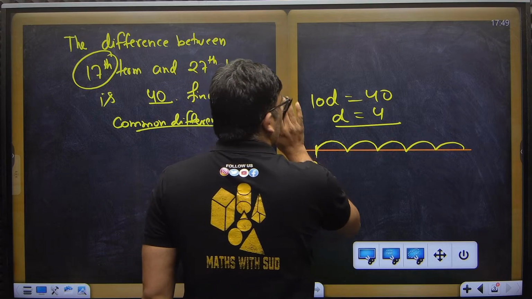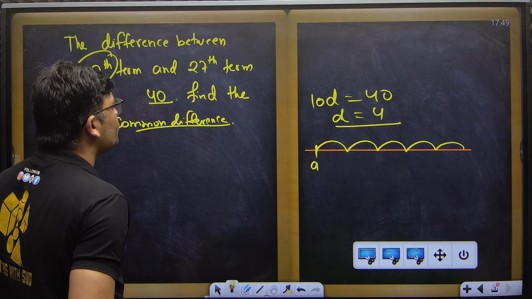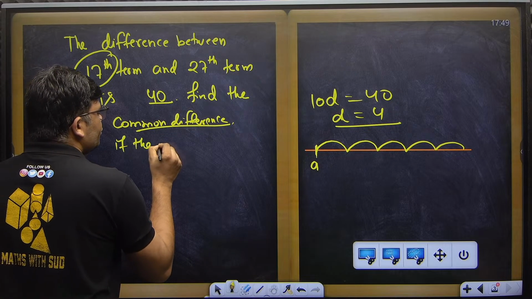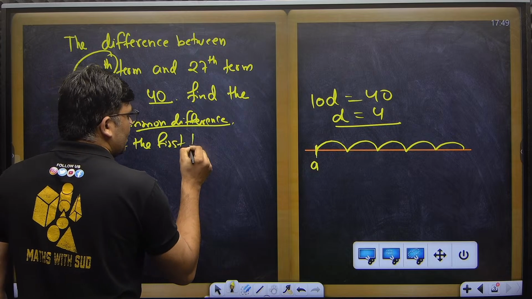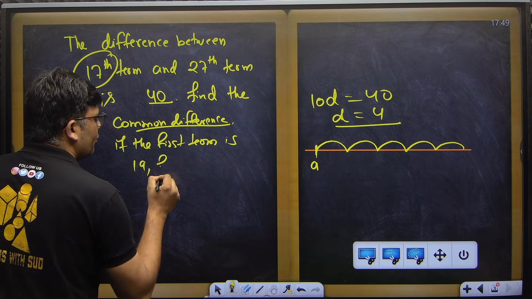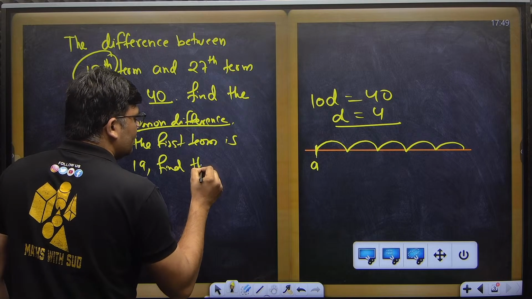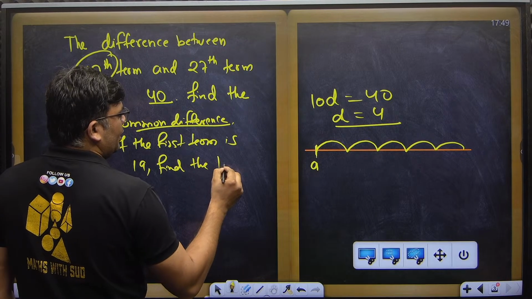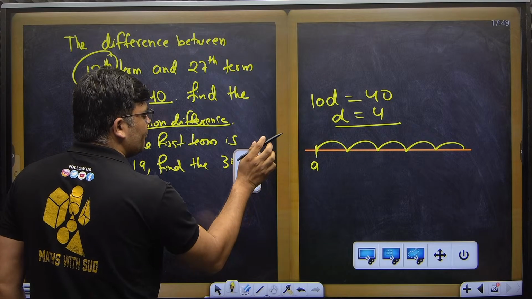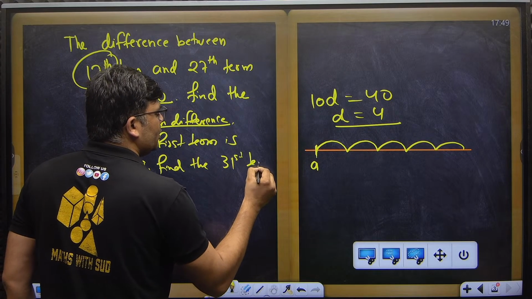You will see such kinds of questions. Then in the same question, if the first term is 19, find the 31st term.